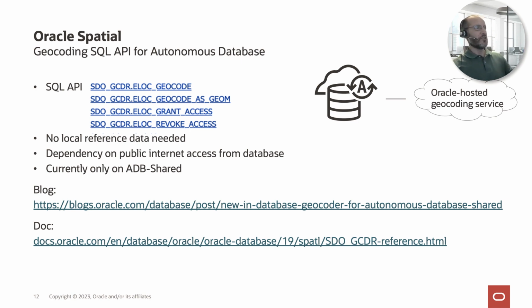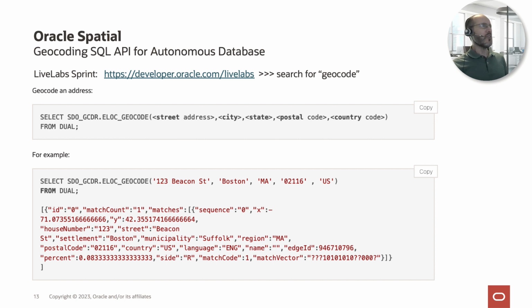In addition to these resources for geocoding addresses with SQL, we also have a very quick hands-on tutorial exercise for this. I noticed in the poll that Marcos showed at the beginning that quite a few people are familiar with Live Labs, which is great because we've got a bunch of spatial examples and resources in Live Labs, and this is one of them.